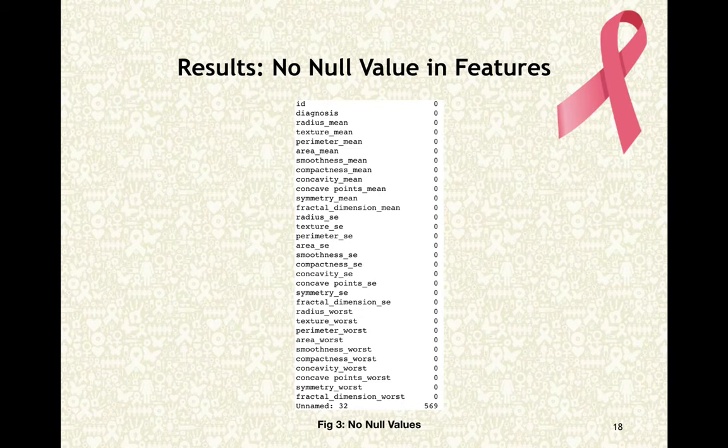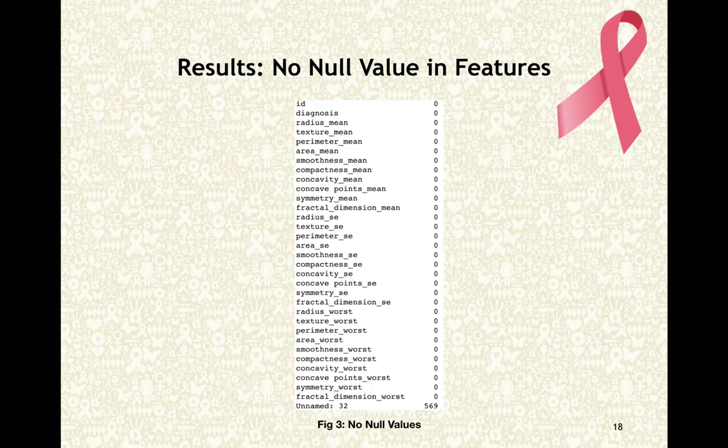After the individual nuclei have been defined for each image taken, the imaging software starts to extract 10 different measurements for each nucleus: radius, texture, perimeter, area, smoothness, compactness, symmetry, concavity, concave points, and fractal dimension.